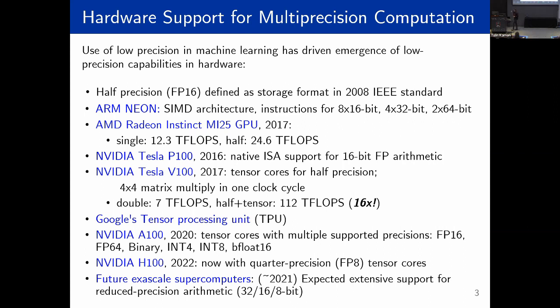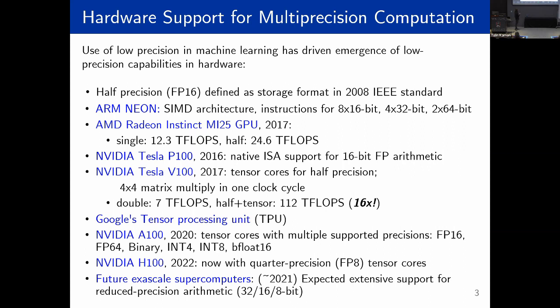In double precision you would get 7 teraflops performance. If you use half precision plus these tensor cores, you can theoretically get up to 112 teraflops on one GPU.